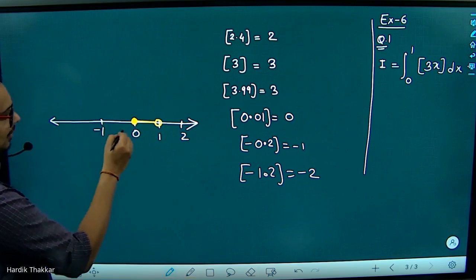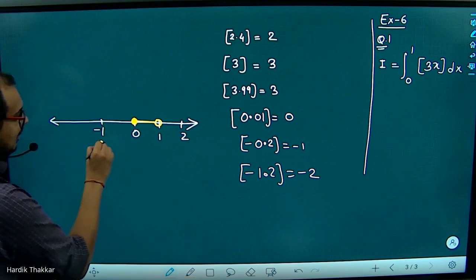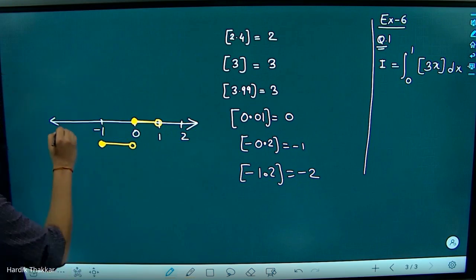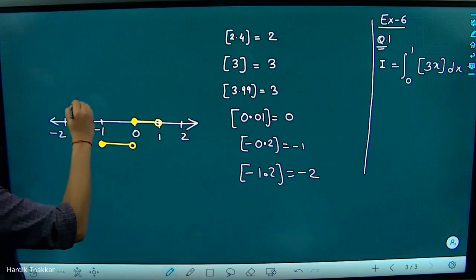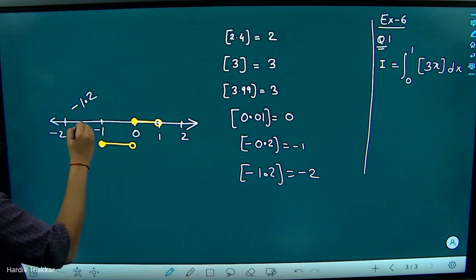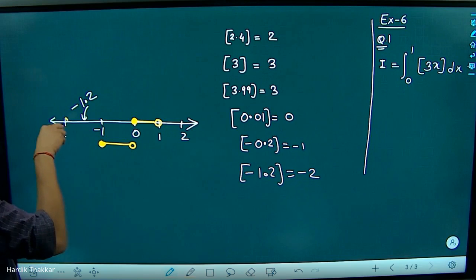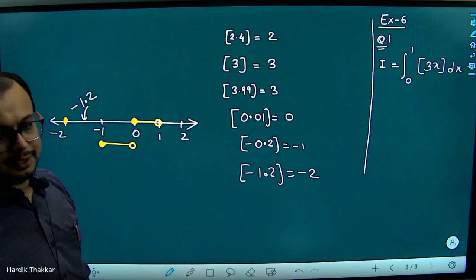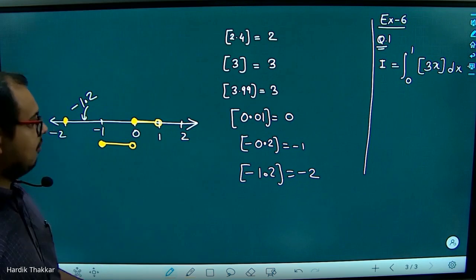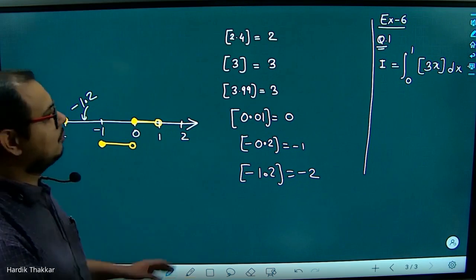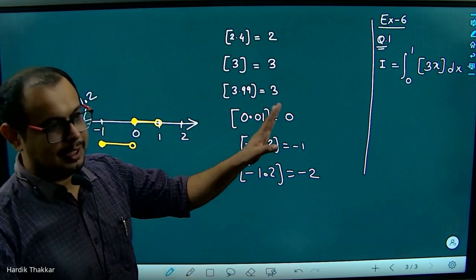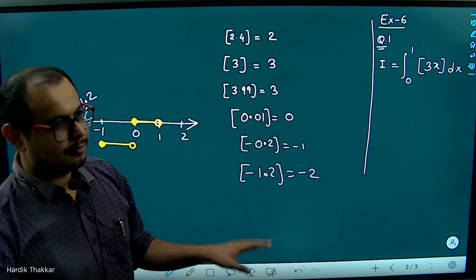Any number between minus 2 and minus 1, like minus 1.2, falls in this interval, so we write minus 2. So this is how we calculate the greatest integer function. Its value will always be an integer.